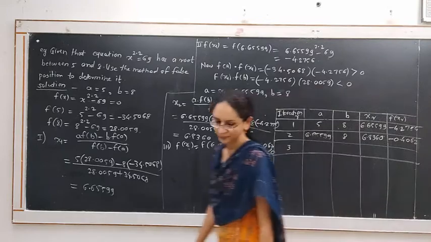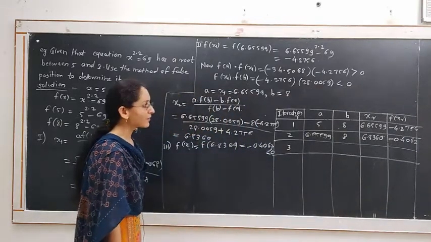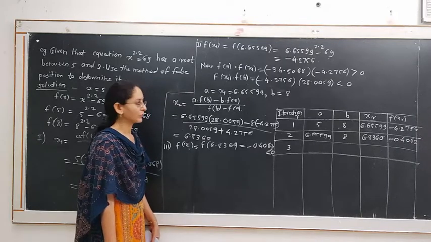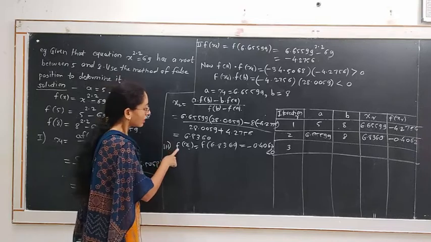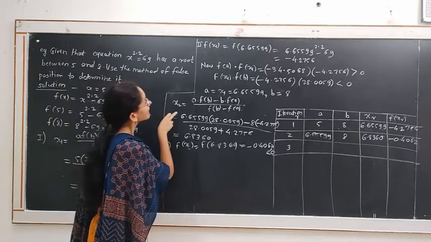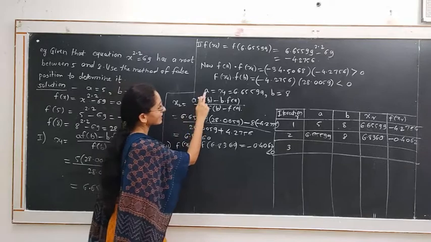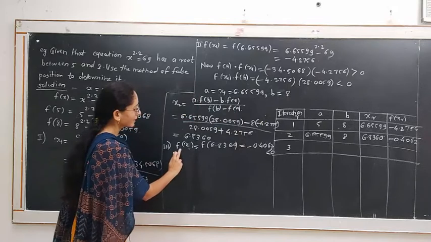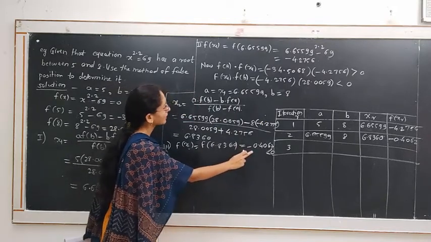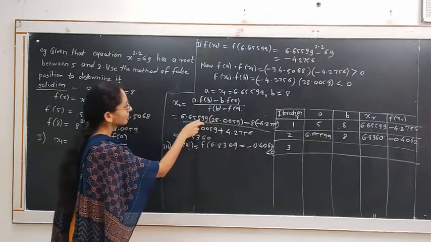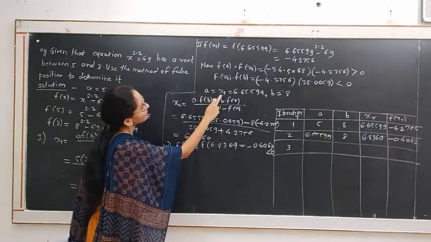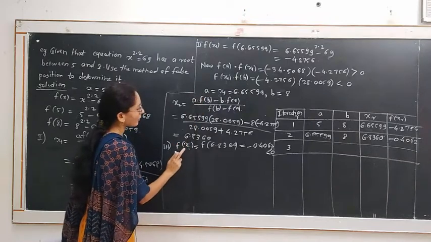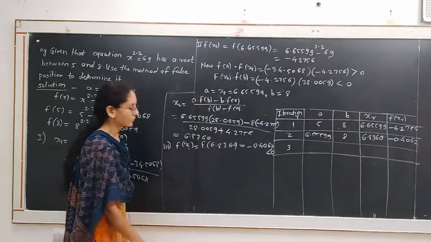In the third step, we take the values of a and b in such a way that f of a into f of b is negative. Here b is equal to 8. In this equation, we are getting f of x2 as negative, and in the previous equation, f of a, meaning f of x1, is negative. Therefore, in this step, the product of f of x2 and f of a is positive.